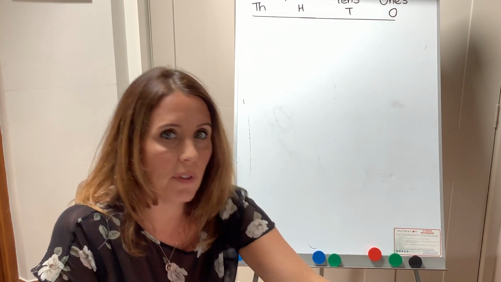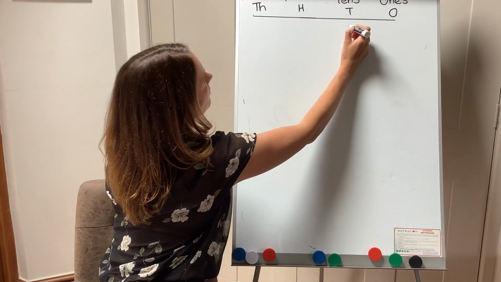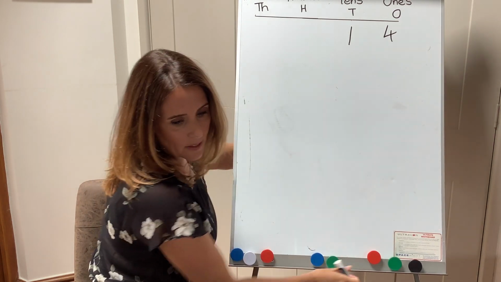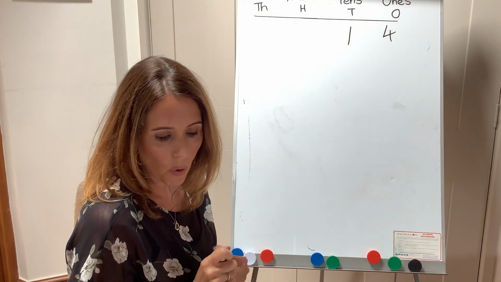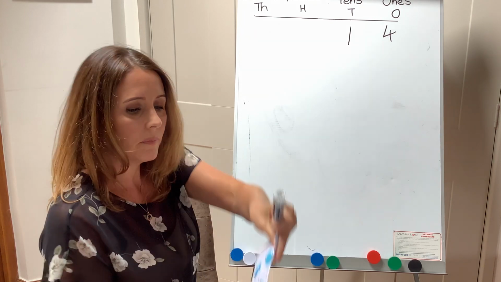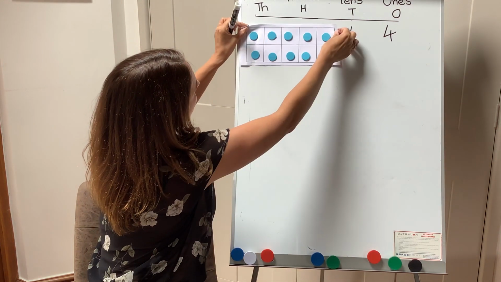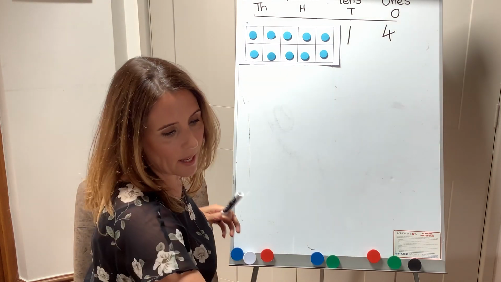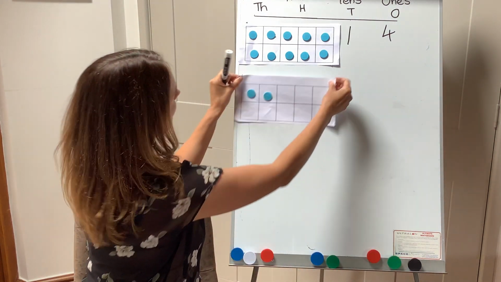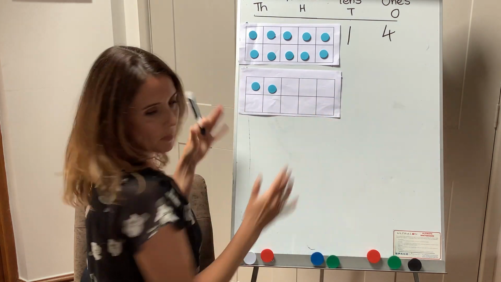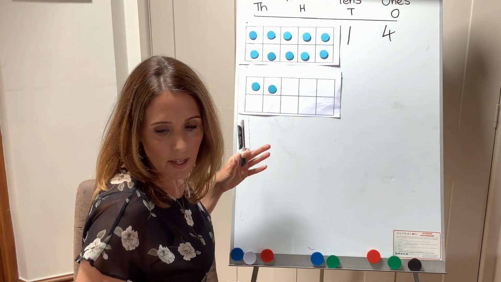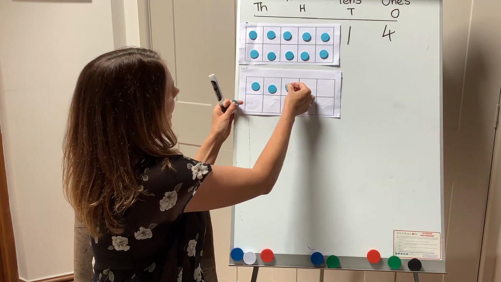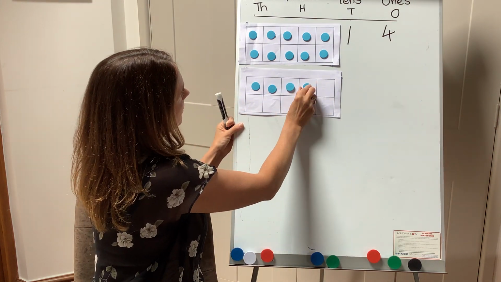So if we have the number 14, we can use a tens frame, or we can use base 10, and we can even use the Pothole Model as well. So we can make the number 14. We can see that it's made up of a whole group of 10 and 4 ones.